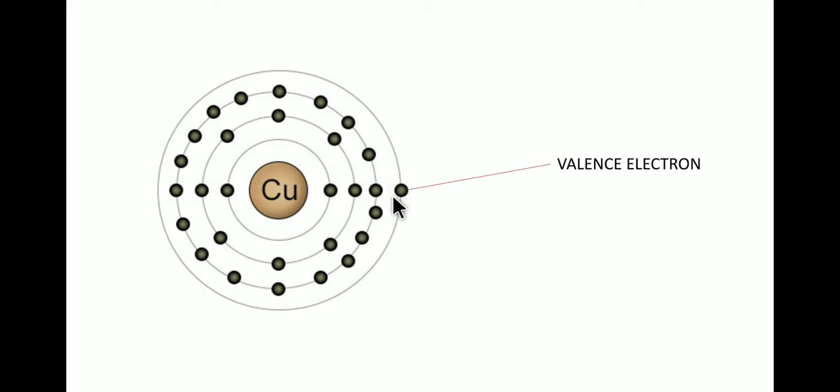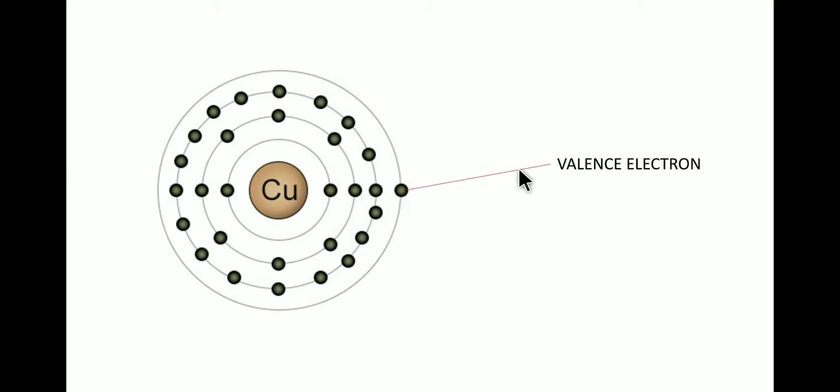Thus the electrons in the outermost orbit will get less force of attraction from the nucleus. So those electrons which are closer to the nucleus will be attracted more, and those electrons which are away from the nucleus, in the outermost orbit, will have less electrostatic force.